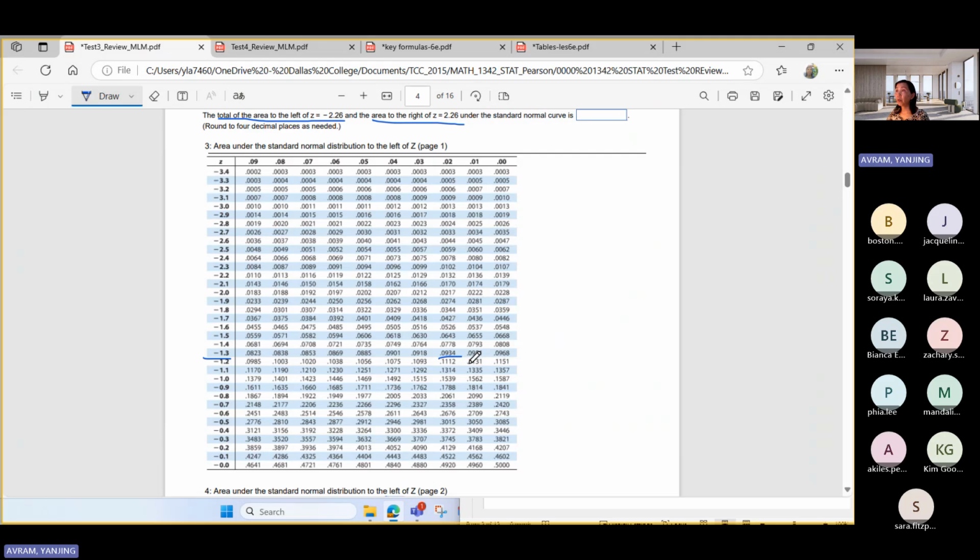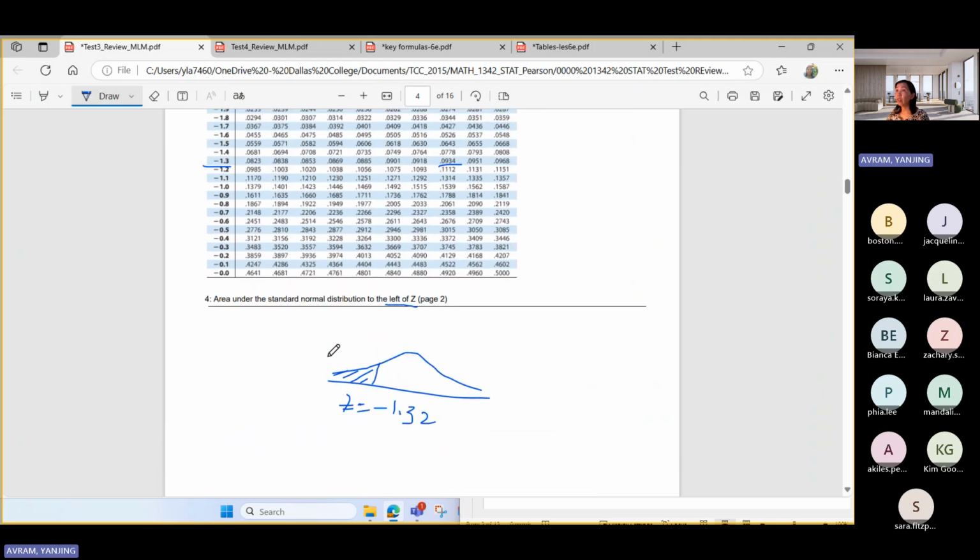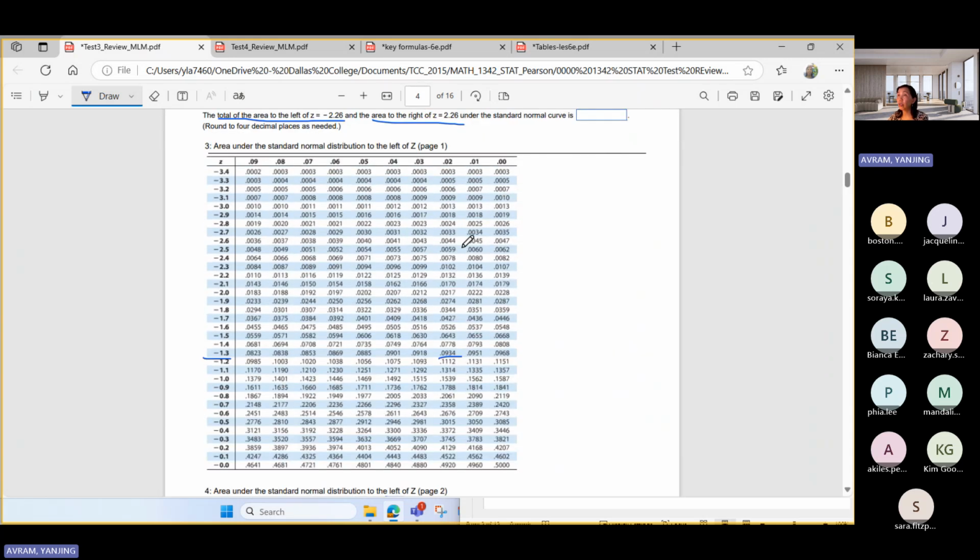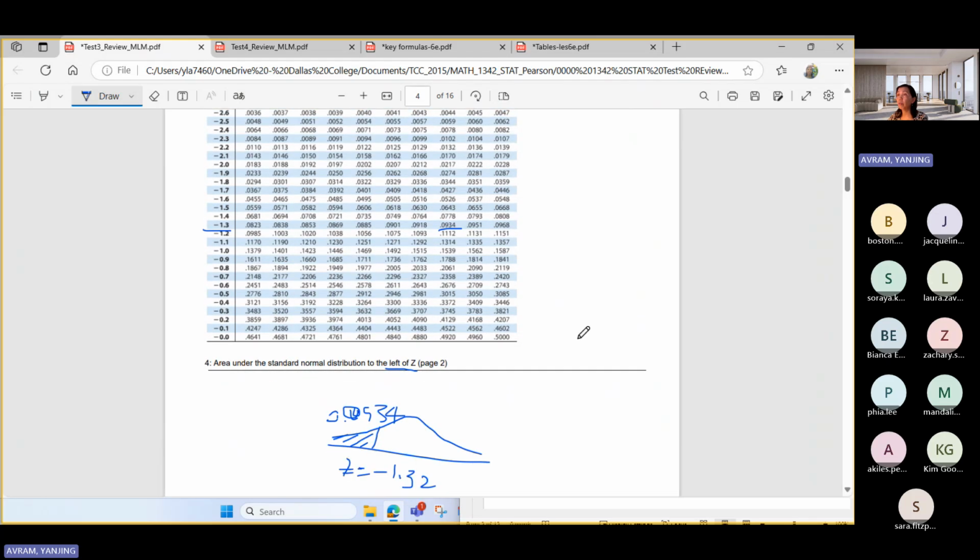So that's 0.0934. Because I cannot see the z-score in here, I'm just going to make up this z-score. So that's the area to the left. Your area to the left is really easy to find. It's just reading the table.